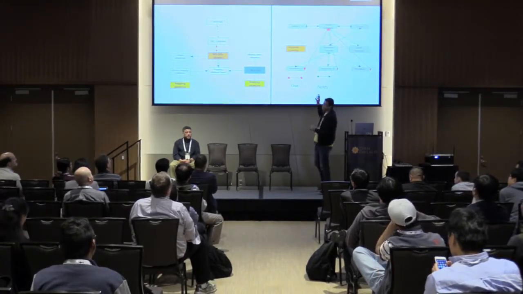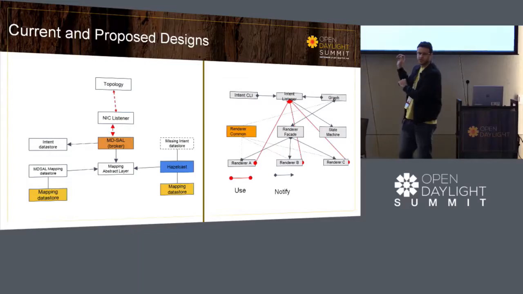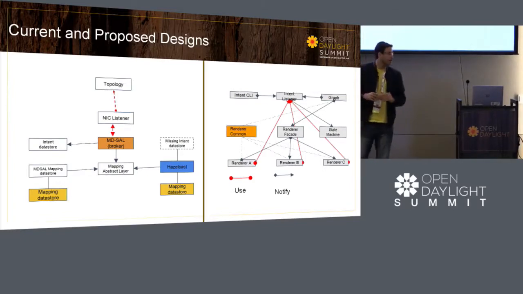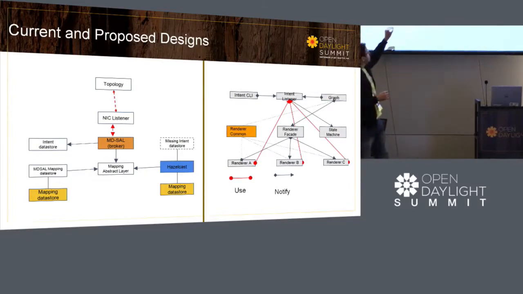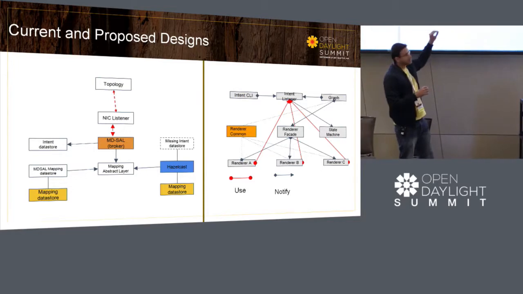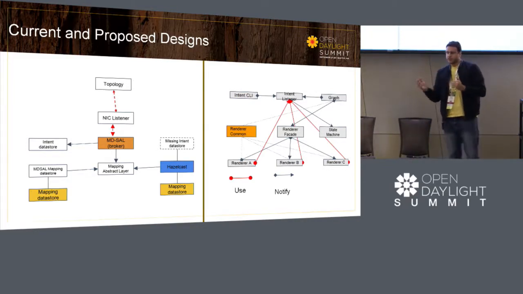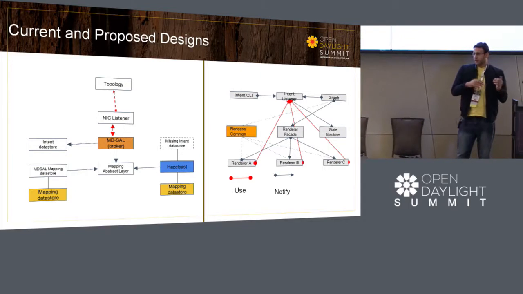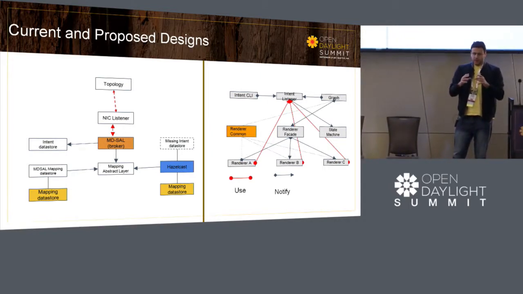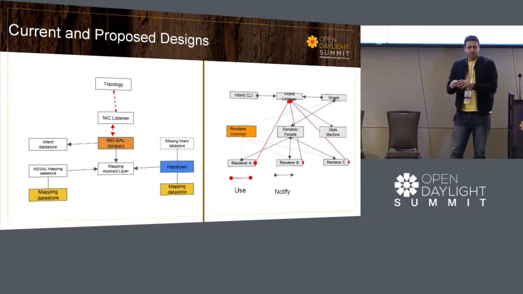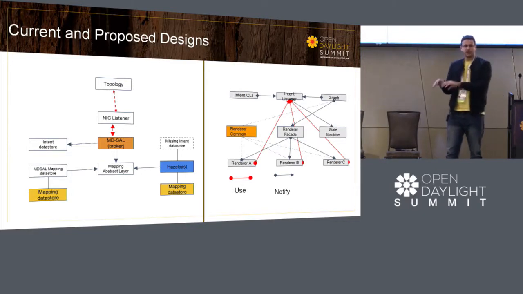And this is our proposed change to the design of the NIC project. Once we decouple the code for the intent listeners and the other handlers, we can create a common interface to create our intents and our mapping service. Currently we have just a data store for the mapping service, but we should create a data store for the mapping service and intents.